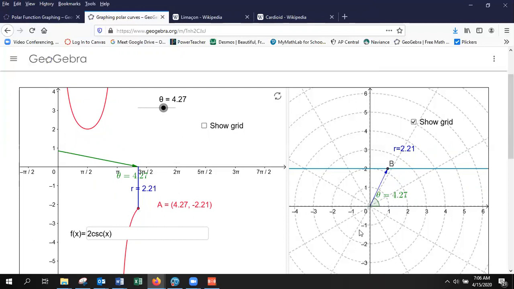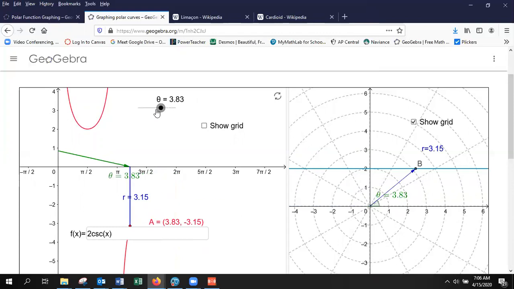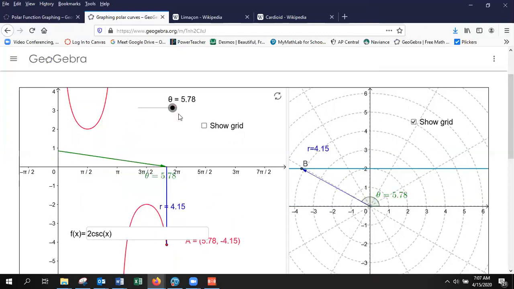So even though the angle is pointing into quadrant 3, it has a negative radius, so it's generating that same horizontal line back in quadrants 1 and 2 because of the negative radius. So again, I like this app because it shows what we know from chapter 6. This is our graph of 2 cosecant, but what it does in the polar system is it creates a horizontal line.